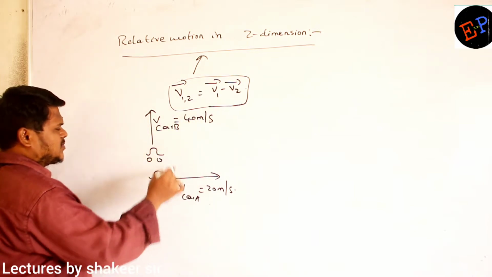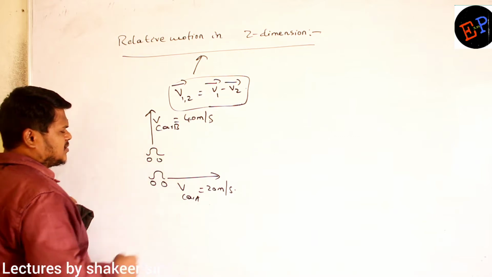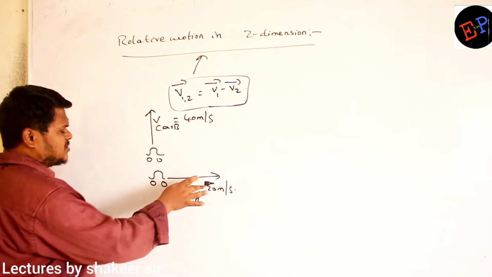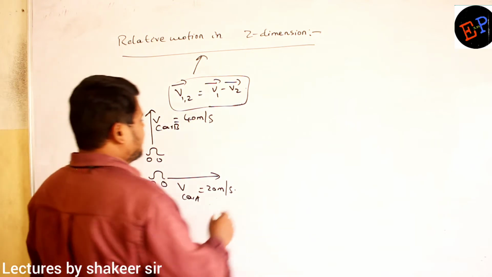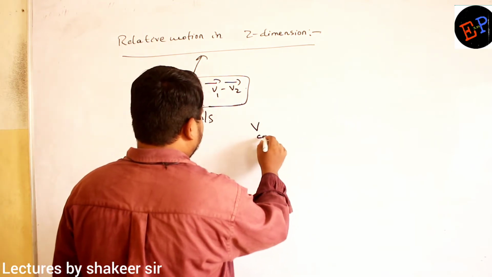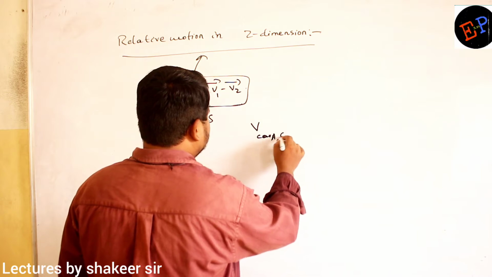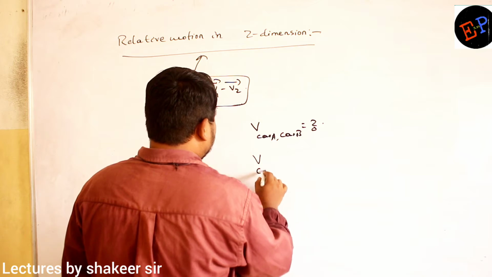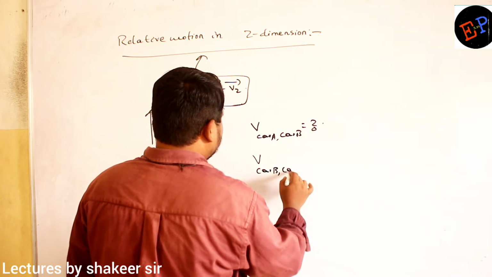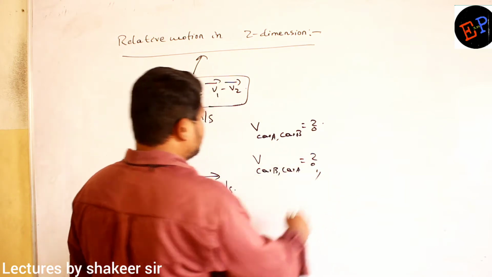They are present at an angle of 90 degrees. One car is moving towards the east, one car is moving towards the north. Now I want to calculate the velocity of car A with respect to car B. Similarly, I want to calculate the velocity of car B with respect to car A. How can I do the calculation?